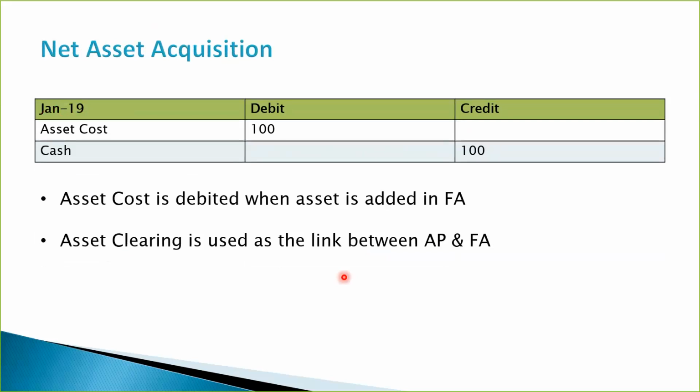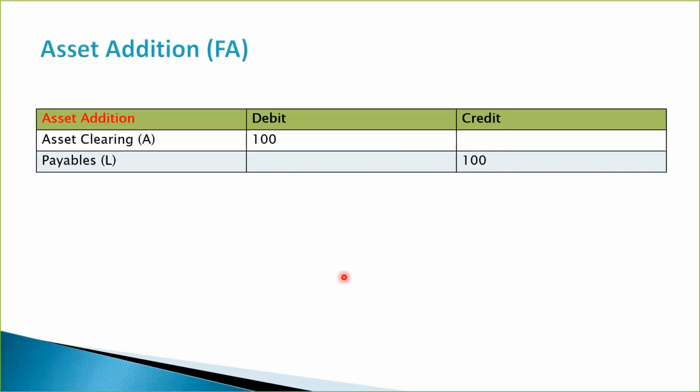asset, and I can see a mistake in this slide. So when you add your asset, you are supposed to debit asset cost, all right? Not asset clearing. So bear with me on that one.